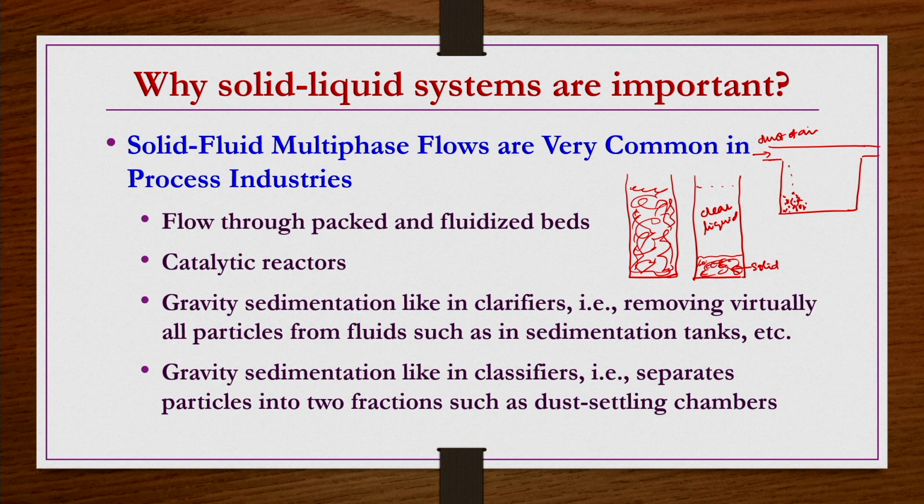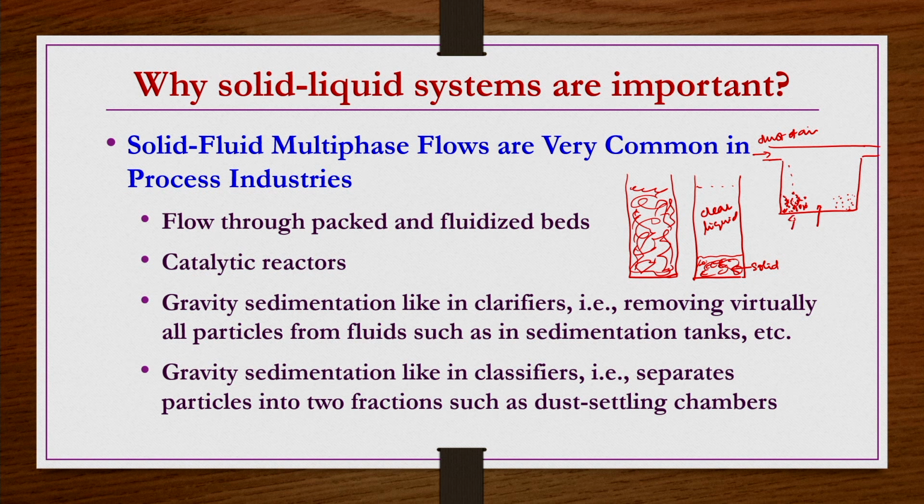The particles having the bigger size will obviously have the larger settling velocity, so they immediately fall here. Particles which have very small size may take a large time to settle. So their settling velocity may be small, and they may be settling here, at the other extreme. In the intermediate, you can find the medium fraction.